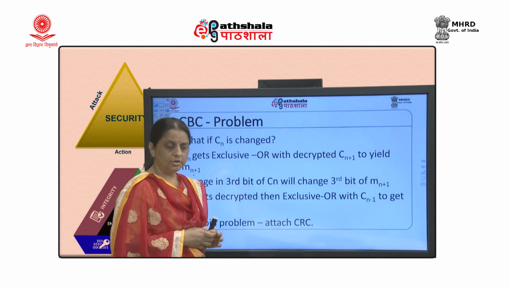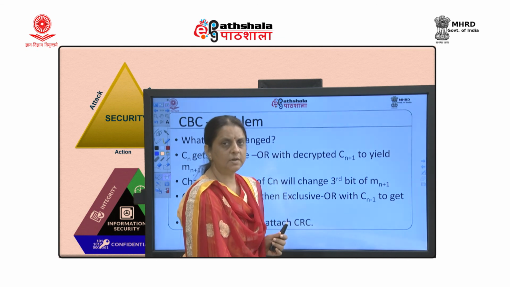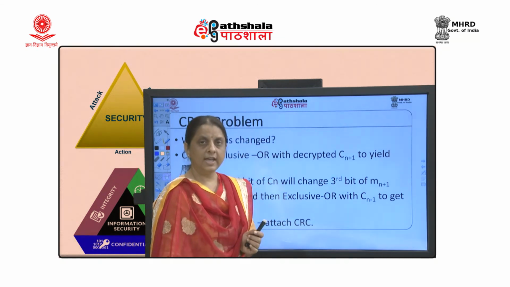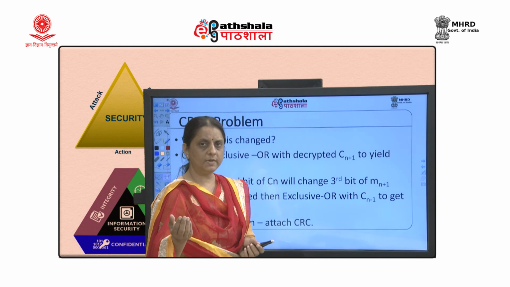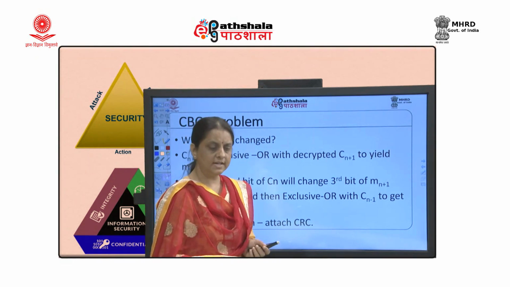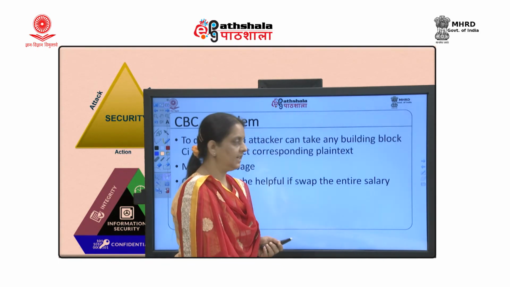Now, what is the solution to this problem? You have to attach a CRC. CRC is nothing but a cyclic redundancy check. If there is any change in the bits, the cyclic redundancy check would not be the same as it was sent by the sender, and the receiver can identify that there is an error.